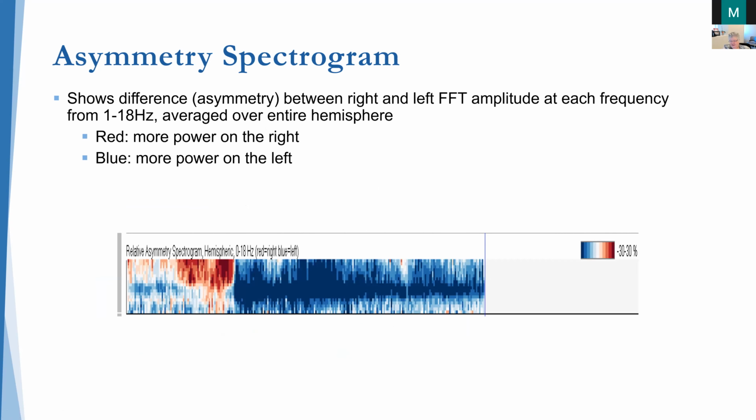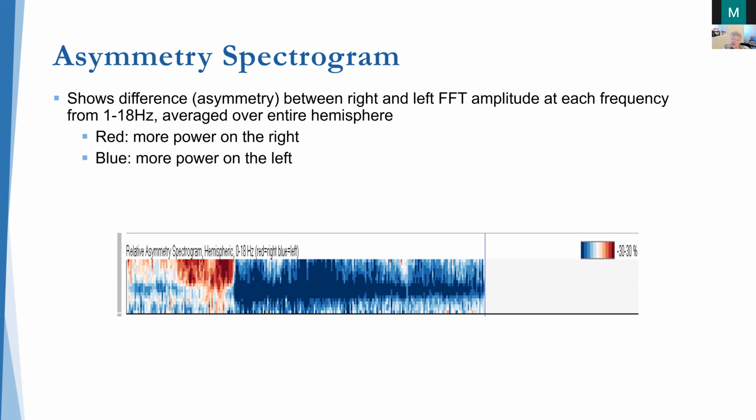Sometimes the asymmetry indices can be a little difficult to interpret. I like particularly the asymmetry spectrogram, and this is very similar to the color spectrograms that I showed you before, except that instead of the colors being the amount of power over one region of the brain, this trend shows the difference in power at specific frequencies, right versus left hemisphere.